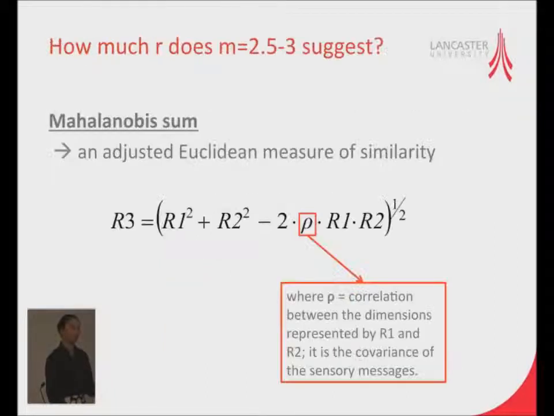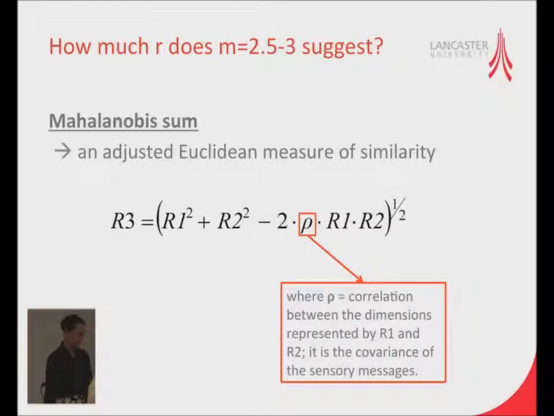Now, how much correlation between cells would an M value of 2.5 to 3 suggest? In order to determine that, I looked at a different equation called the Mahalanobis sum. It's basically an adjusted Euclidean measure of similarity. It's like the Euclidean measure, but it takes into account that the different dimensions may not be completely independent.